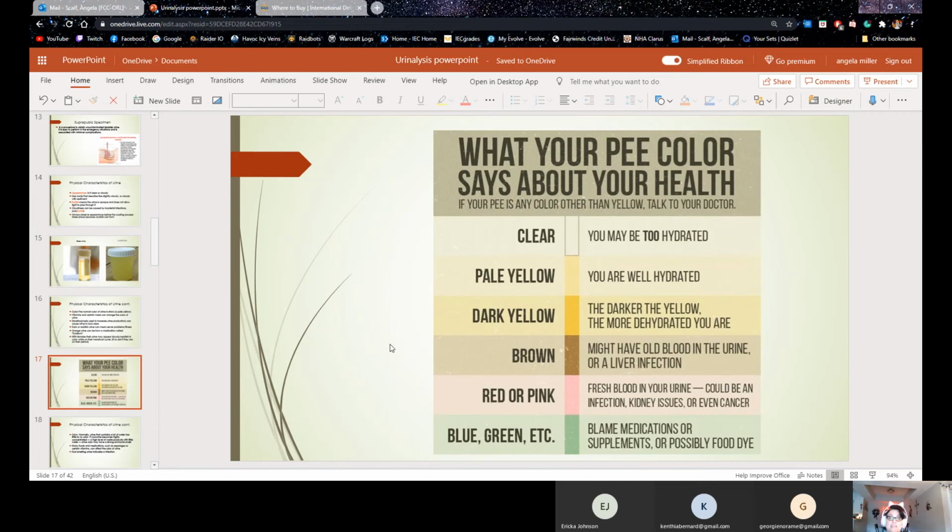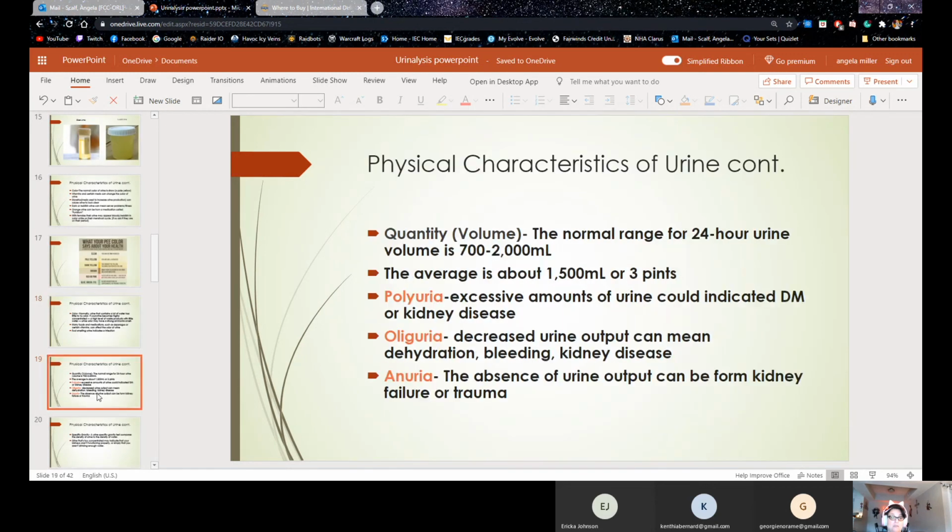So it's not something to be necessarily alarmed about, but it's definitely something that you make note of on their urinalysis sheet. And then, of course, blue, green, etc. This can be, like I was telling you, food coloring and types, and also medications and supplements. Okay? And we are going to stop there.